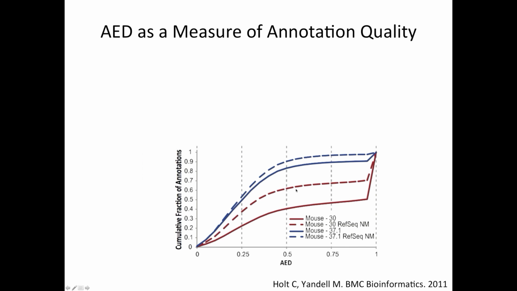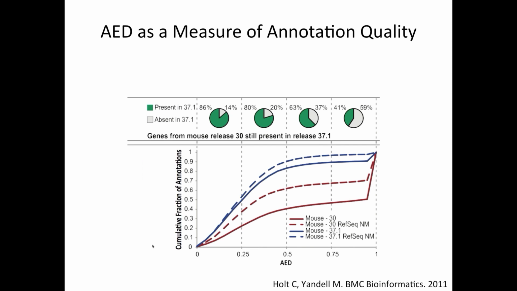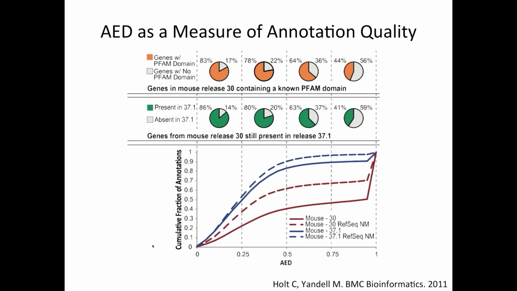The dotted lines are simply showing the subset of RefSeq annotations that had NCBI RefSeq's gold stamp of approval, given at the NM accession number. And so the AED metric did a good job of capturing the efforts of the manual annotation community over those years of time. I'm going to just skip this section in the interest of time and move on.